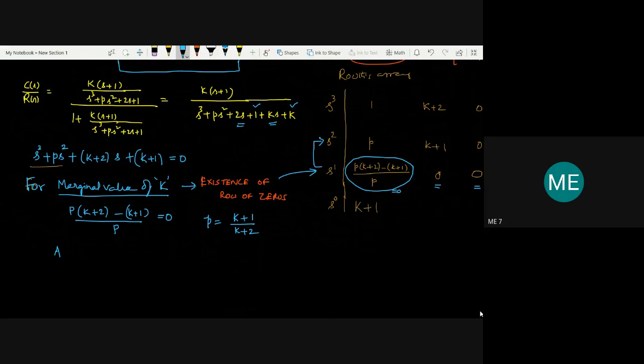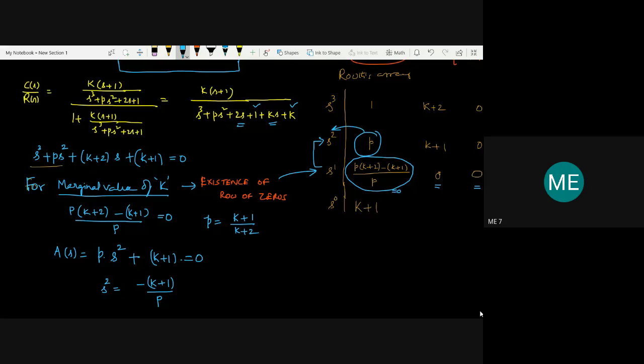So from this, the auxiliary equation is A of s equal to p into s square plus (k plus 1) into s to the power of 2 minus 2, that is s to the power of 0, which is equal to 1. So this is equal to 0, and this becomes the auxiliary equation. From this, s square is equal to minus (k plus 1) divided by p.